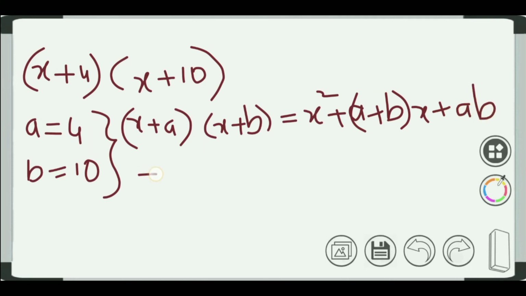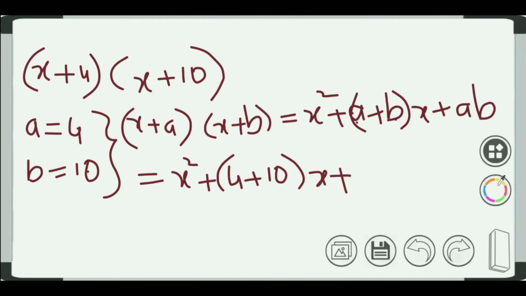Here a is 4, b is 10. So we will write like this, x square plus (4 plus 10) of x plus ab, 4 into 10.